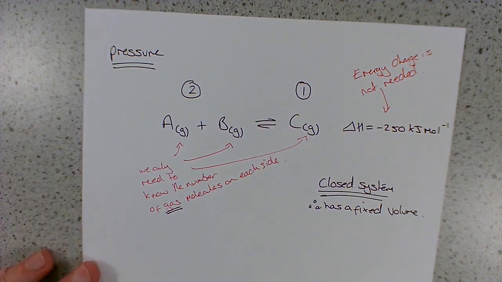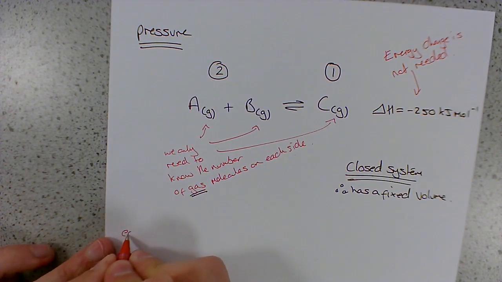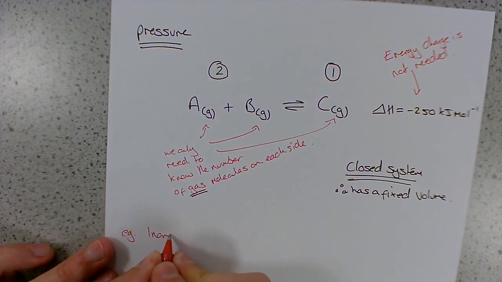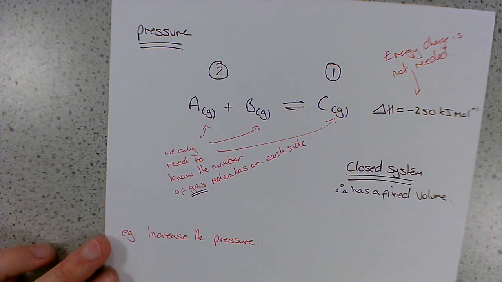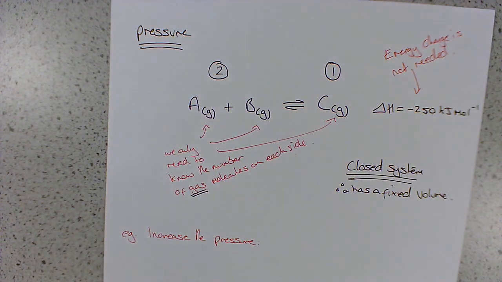So if, for example, I'm going to increase the pressure, now, Le Chatelier's principle states that the equilibrium will shift to counteract that change. So if I've increased the pressure, the equilibrium will shift to decrease the pressure. So it's got 2 choices.